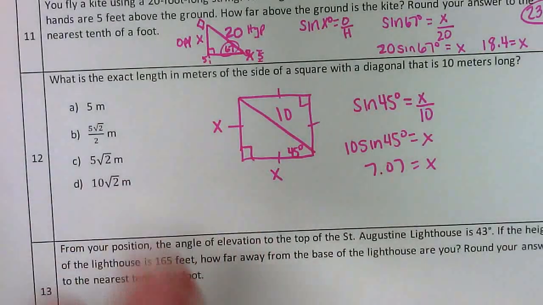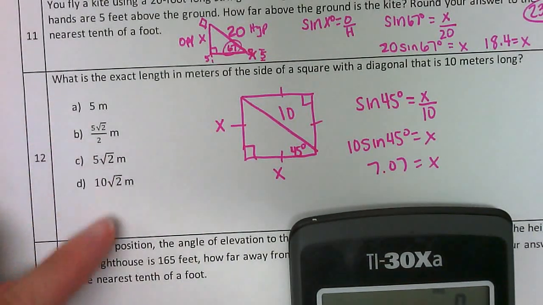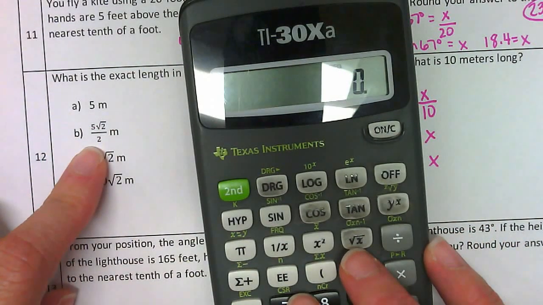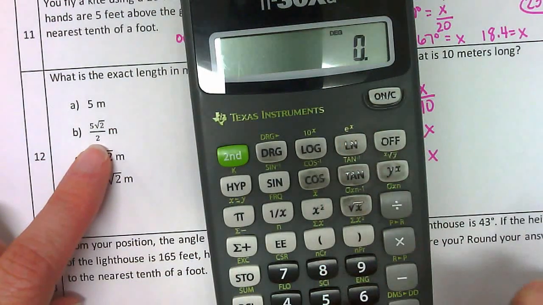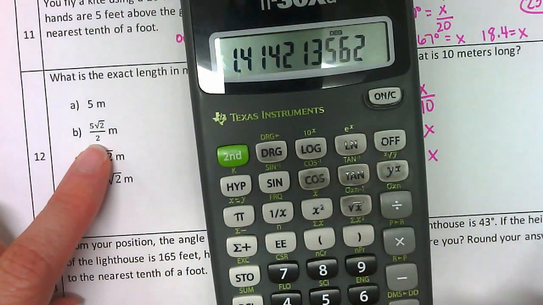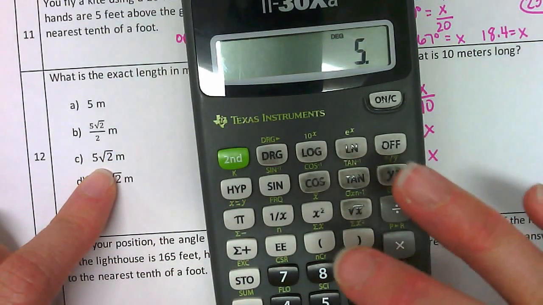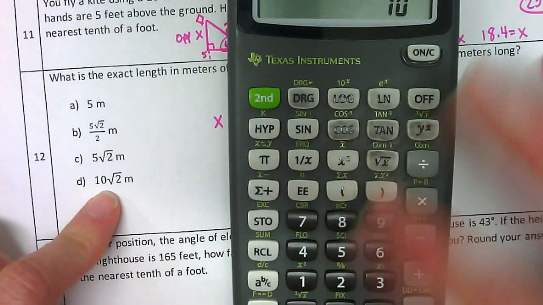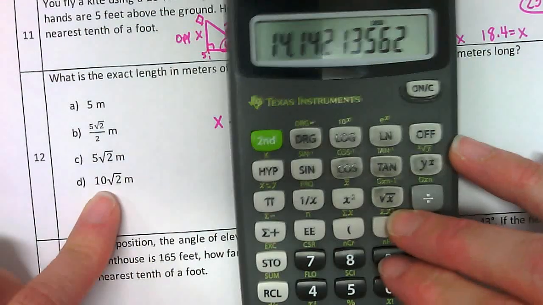And one strategy I could use is I can go through my choices and see which one matches that value. So it's not 5, I know that. And then I could go through and check my choices here. If I did 5 times the square root of 2 and I divided by 2, that's not right. And if I did 5 times the square root of 2, I get the same number. And if I do 10 times the square root of 2, I get 14 point something.